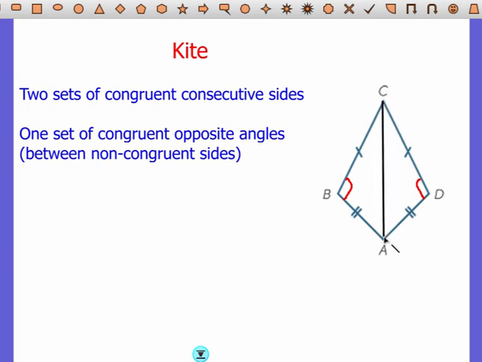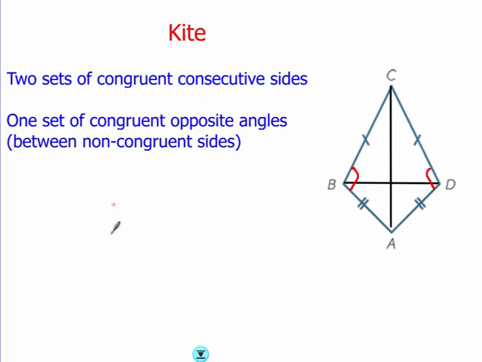And then if we draw in our diagonals, I forgot to write this in here, but our diagonals are going to be perpendicular to each other. Right? Diagonals are always going to form right angles in a kite.